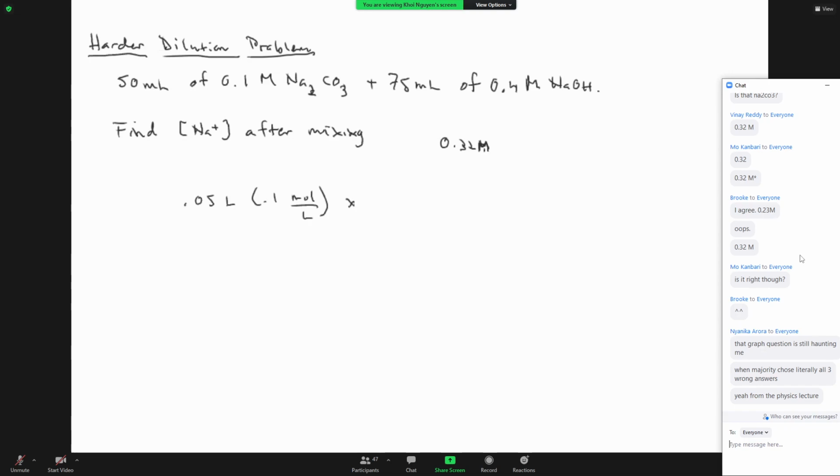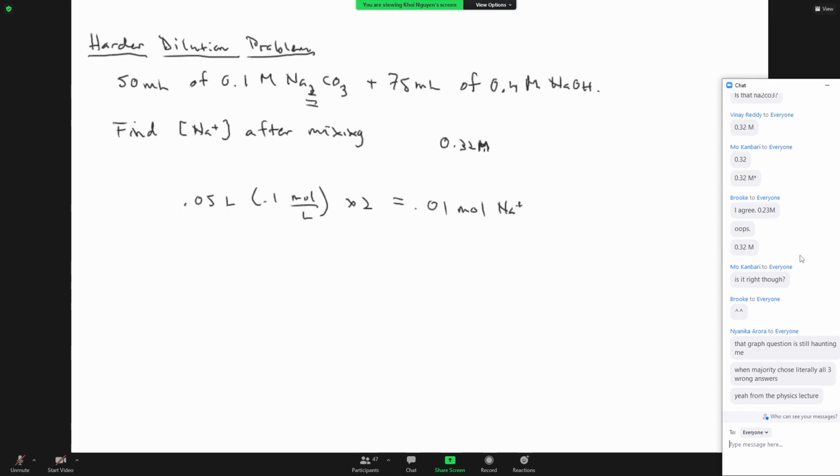And then we're going to multiply by 2 because there's 2 moles of sodium in there. So 2 times 5 is 10. Move the decimal place over, that's 0.1. So 0.1 times 0.1 is 0.01 moles of Na plus.